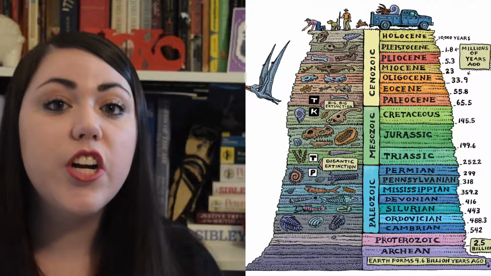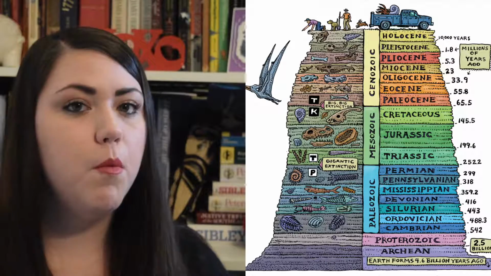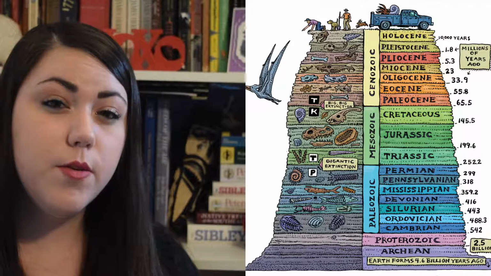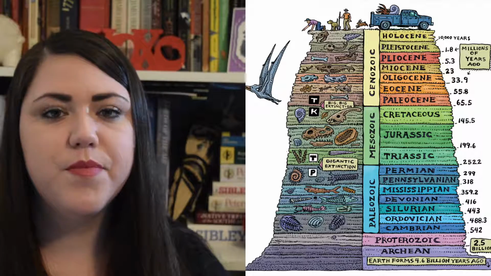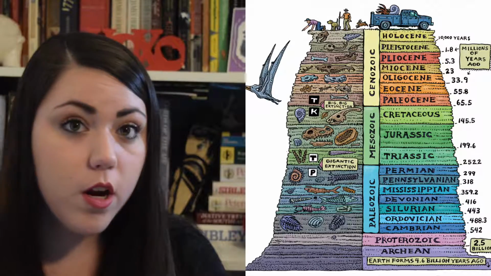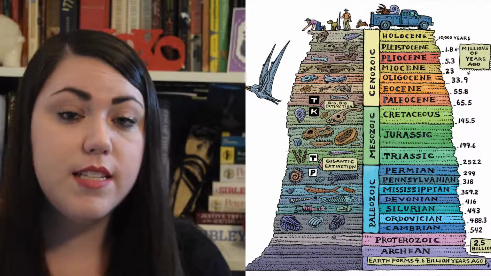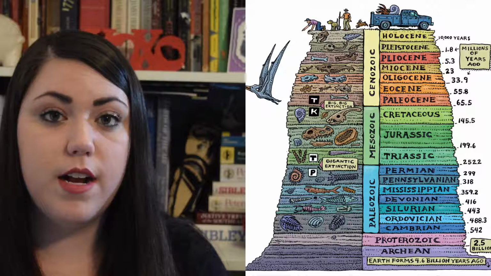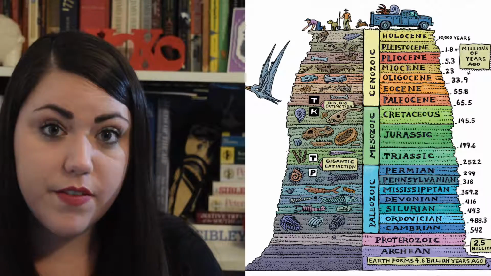Then in the third epoch, called the Oligocene, we had more mammal progression. Also, you had the formation of the Alps and the Himalayas, which is a pretty big deal. Next, our fourth epoch of the Tertiary period was the Miocene. During this time period, you started to get grazing animals and a lot of volcanic activity.